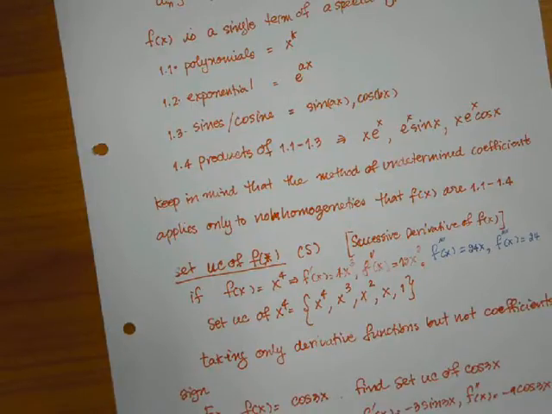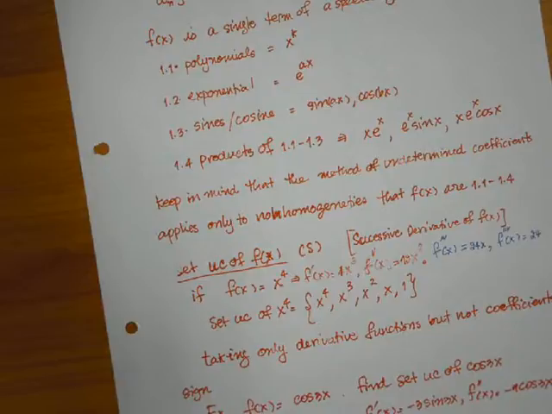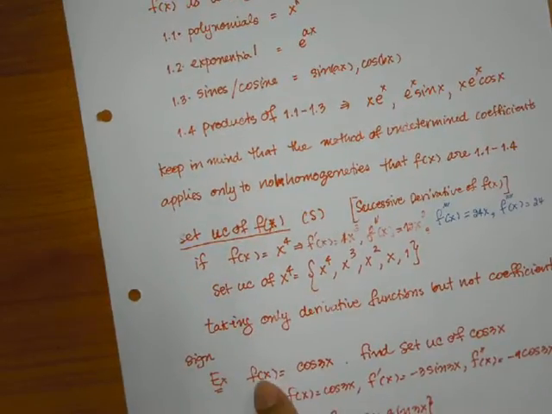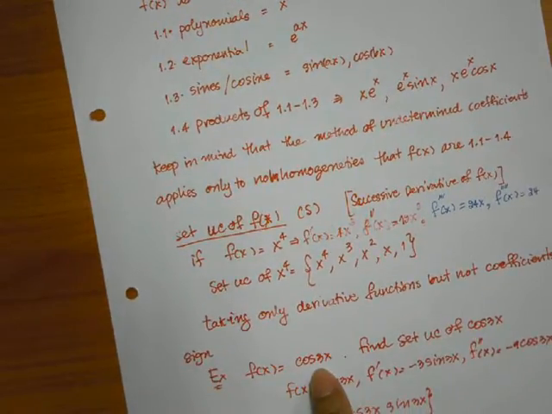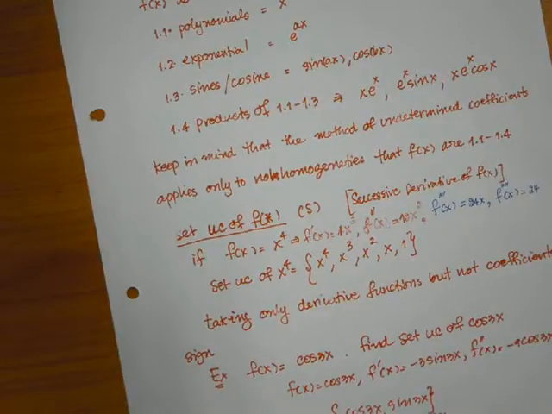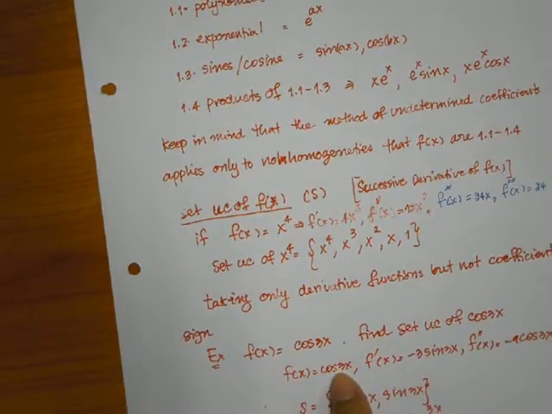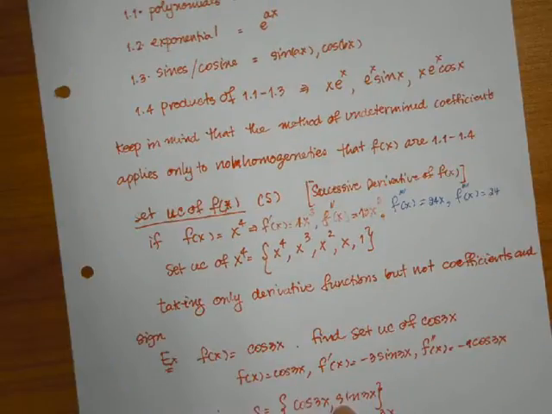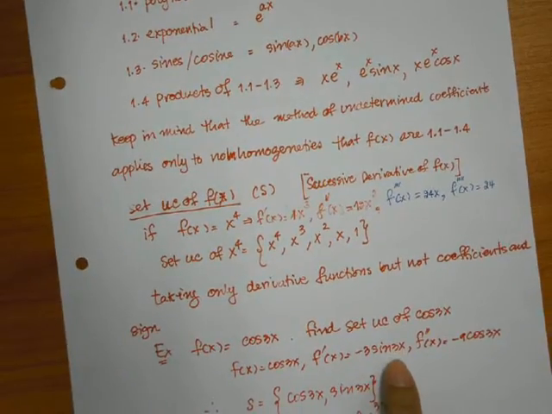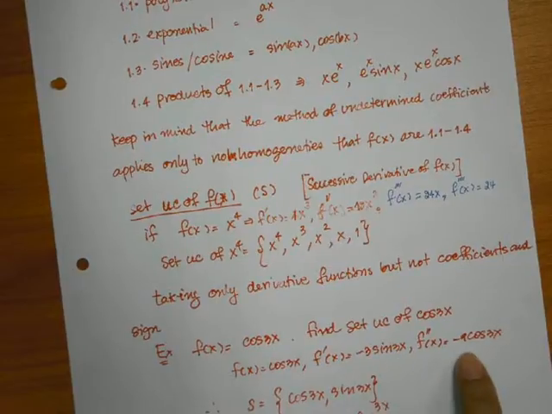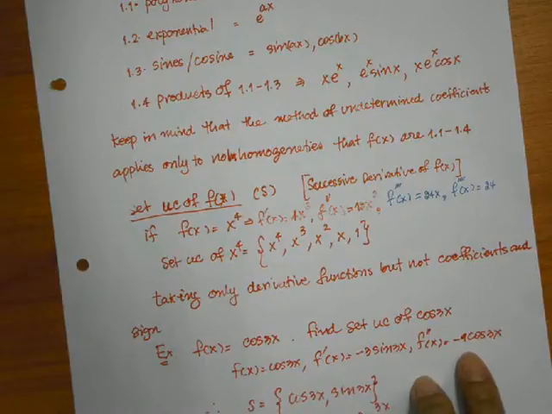Let's see another example. If we have f(x) equal to cos 3x, what is the set of successive derivatives of cos 3x? We take the derivative of cos 3x and get minus 3 sin 3x. The second derivative gives minus 9 cos 3x.